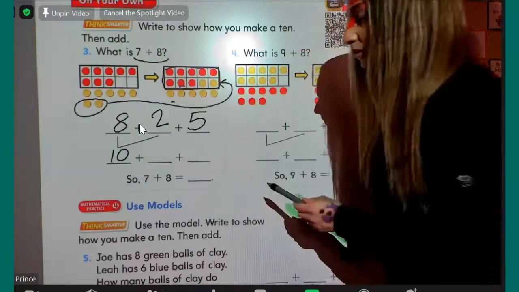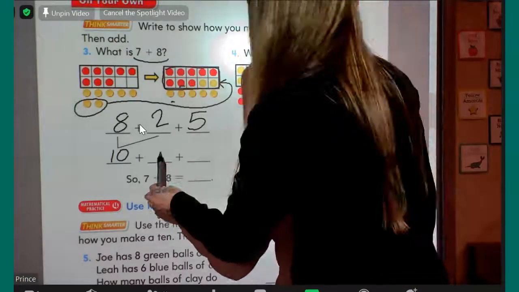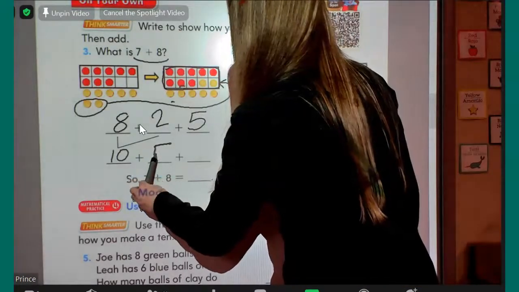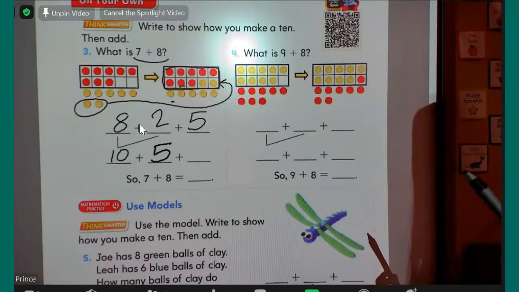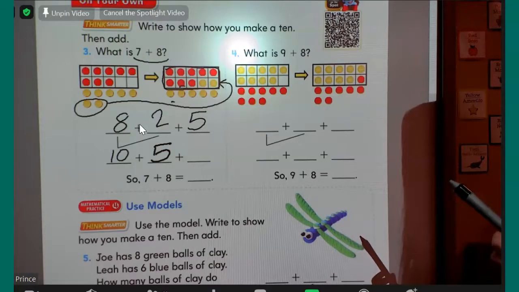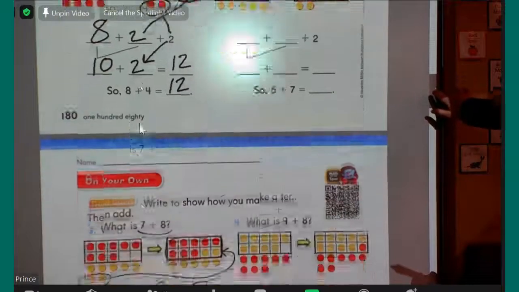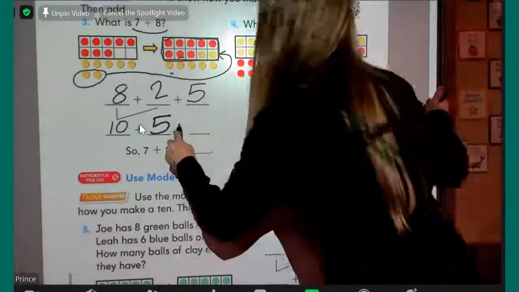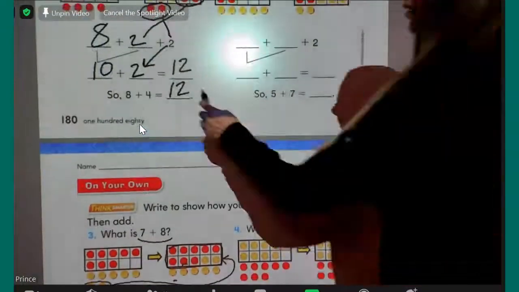So now we have our 5. I'm not sure why they have that extra blank. I think that they meant to put an equal sign here in the book, because that's what I'm seeing right here.